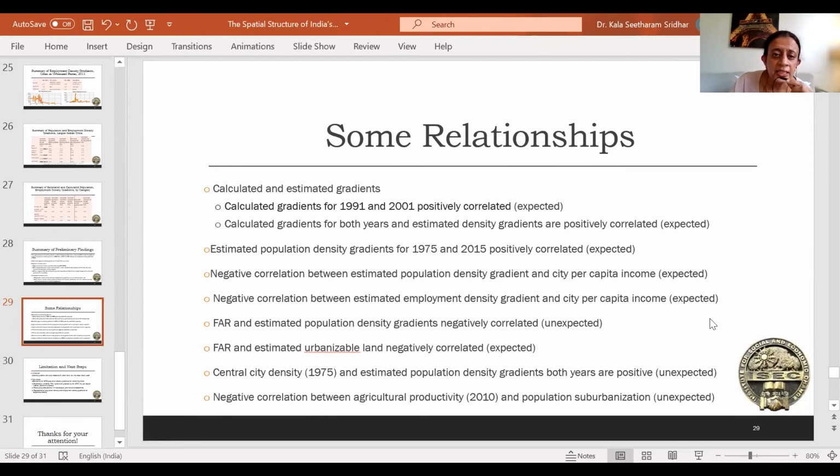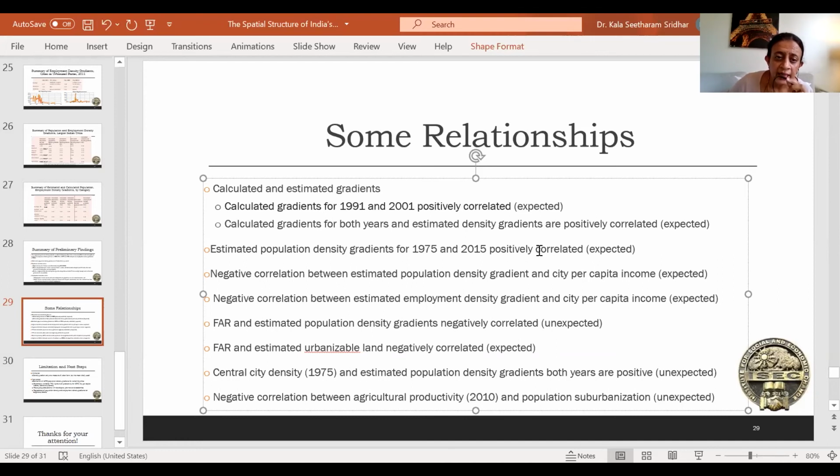The calculated density gradients for 1991, 2001 are positively correlated, and the calculated density gradients and the estimated ones are also positively correlated, which gives us confidence in what we have done. And the estimated density gradients for both 1975 and 2015, and the population and the employment density gradients are also very highly positively correlated.